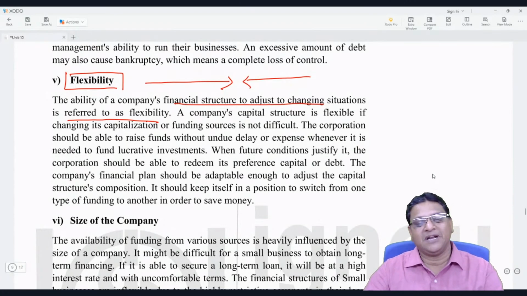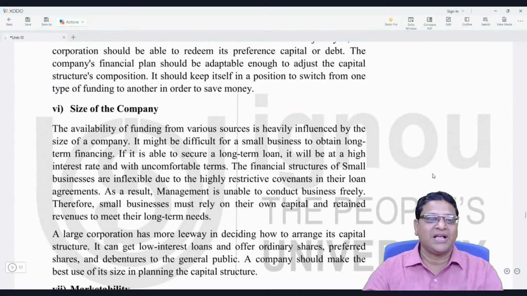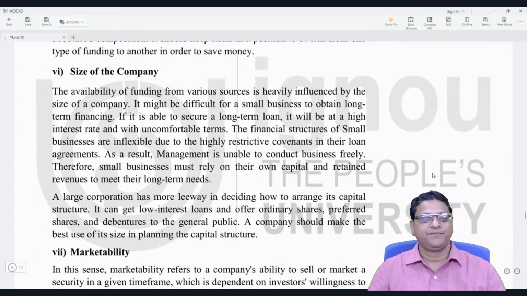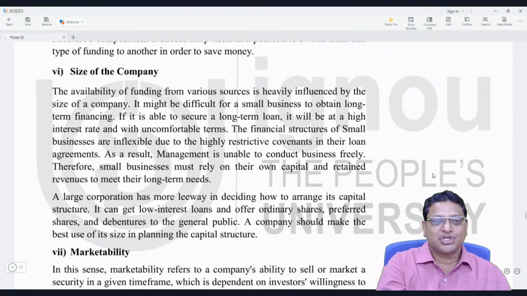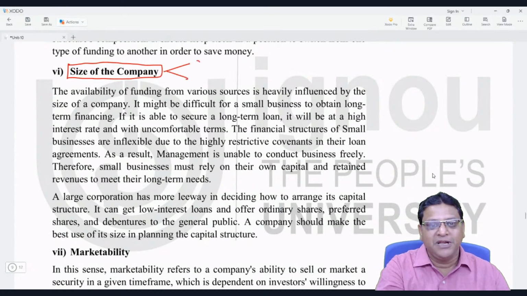to your capital structure. Next point which we consider is known as size of the company. Generally, on the basis of size, a company may be small or large. Generally, small companies do not have reputation.